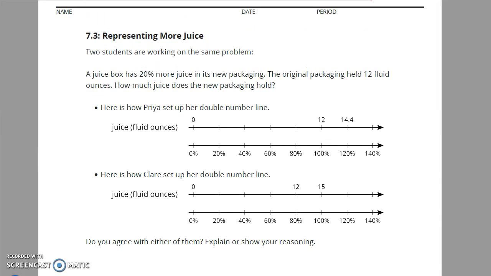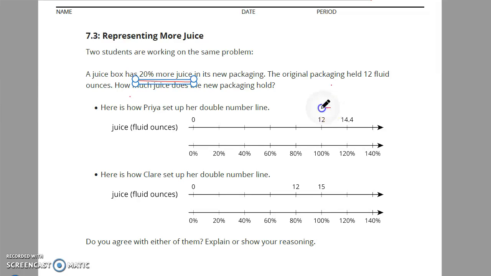All right. 4. Representing more juice. Two students are working on the same problem. A juice box has 20% more juice in its new packaging. 20% more, meaning it's a percent increase. The original packet held 12 fluid ounces. How much juice does the new package hold?